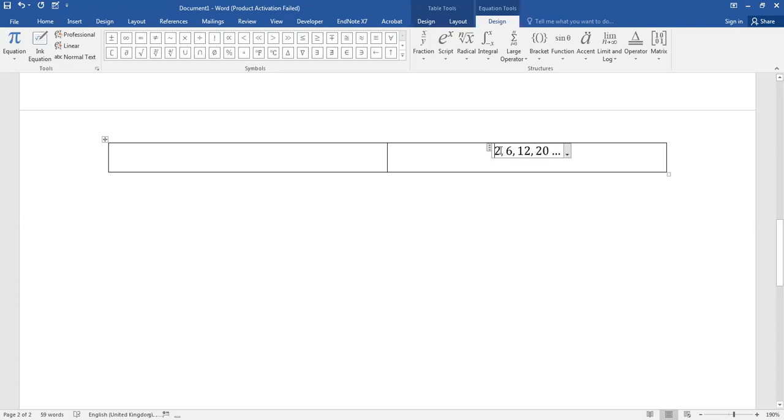The difference between the first two terms is 4, then the difference between the next two terms is 6, and then the difference is 8. So the differences are not consistent. We cannot call it an arithmetic sequence, but the difference of the difference, which we call the second difference, is the same. And that is what we call a quadratic sequence.